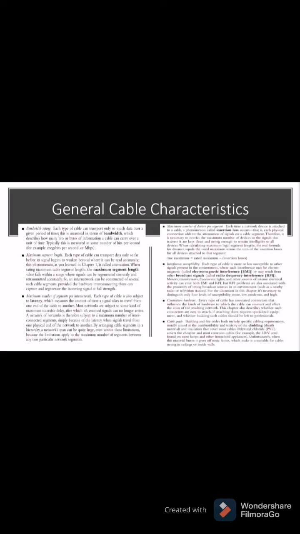Connection hardware. Every type of cable has associated connections or connectors that influence the kind of hardware to which the cable can connect and affect the cost of the resulting network.